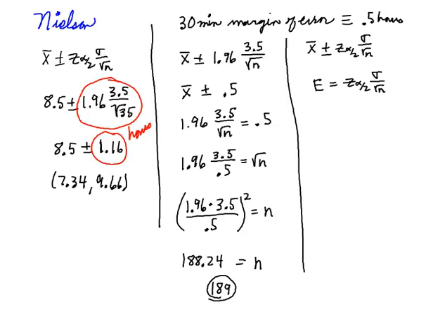So multiply both sides by the square root of n and divide both sides by E. I'll have the square root of n is equal to z alpha over 2 sigma over E, and then n is that value squared, and the book presents the formula using some exponent properties.